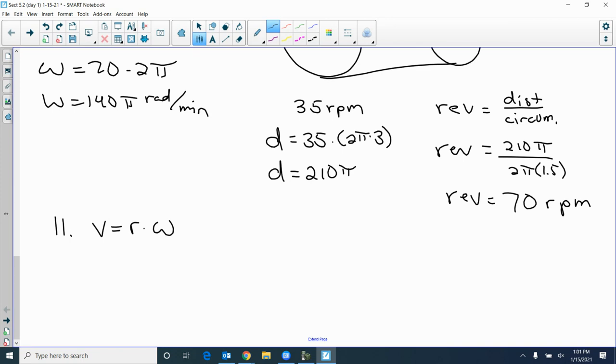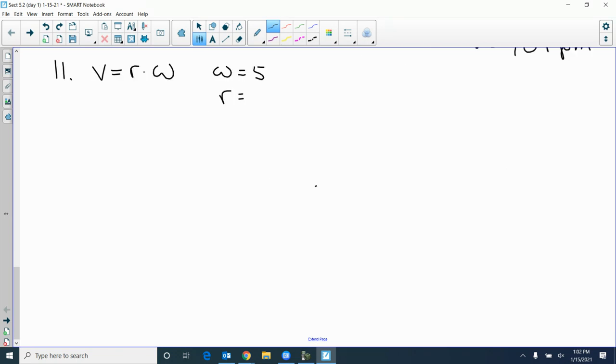That is the angular speed, which is which variable up there? W. Yep, it's that omega, that w. So omega is 5. What is the radius of the wheel? Radius of the wheel is what? 15.